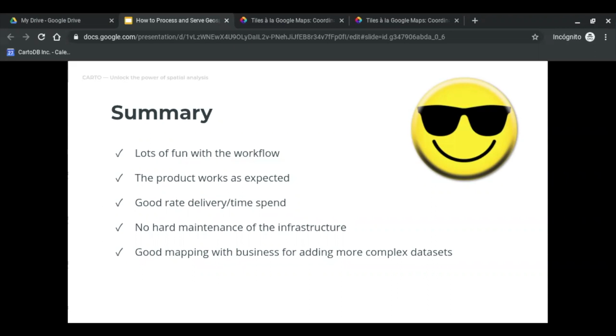The other thing is that BigTable for us was a product that works as expected. It did what the documentation says it needs to do, and it's working. It also has a good rate for project delivery and time spent. And it's not hard maintenance on the infrastructure.